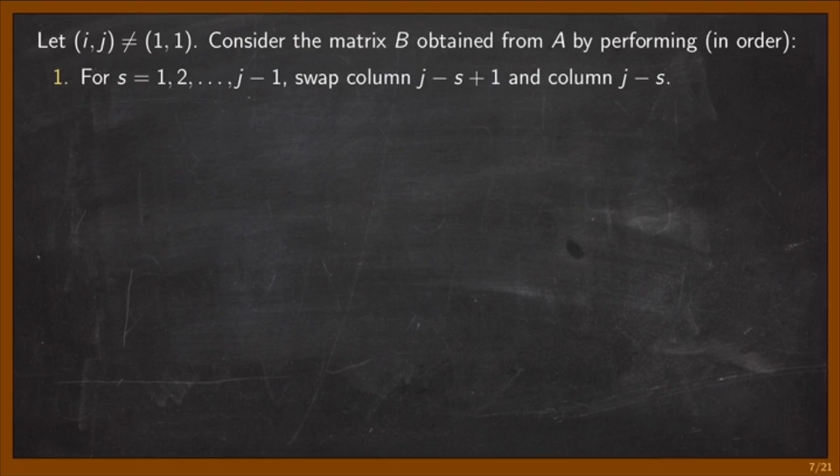For s from 1 to j minus 1, I want you to swap column j minus s plus 1 and column j minus s. So for example, when s is 1, we will swap column j and column j minus 1.